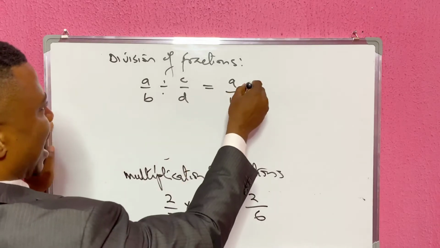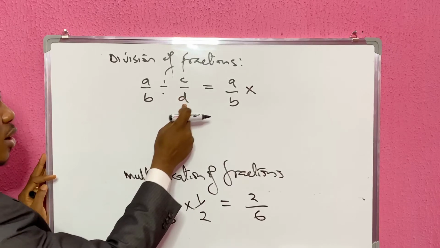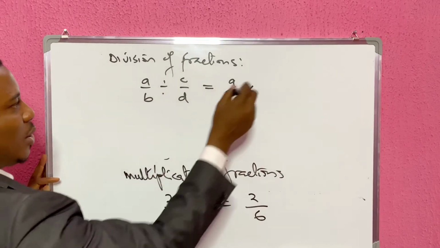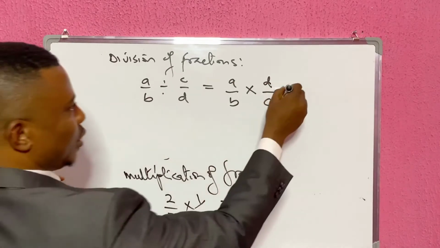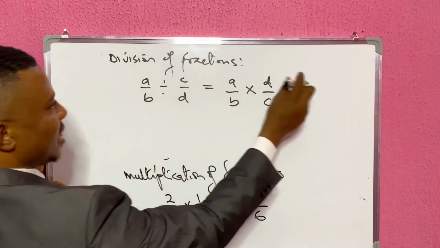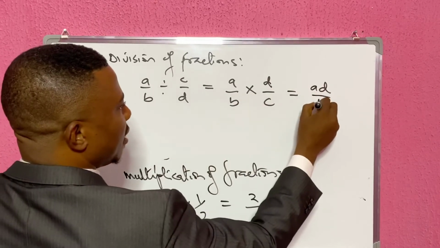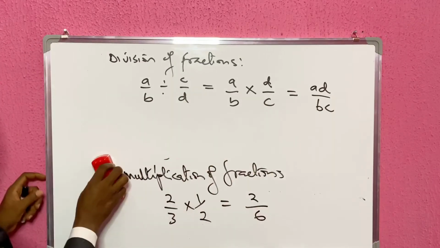That is, you write multiplication, then let the denominator of the divisor come up and the numerator of the divisor come down. You have D over C, to say A times D, AD, B times C, BC. That is how to handle division of fractions.